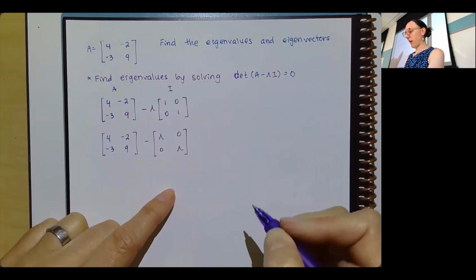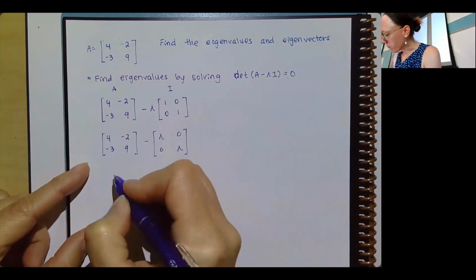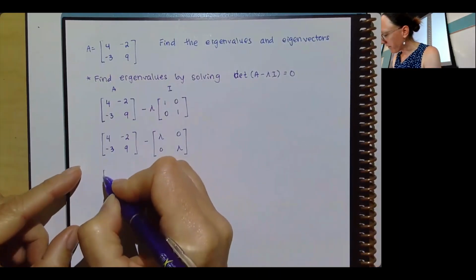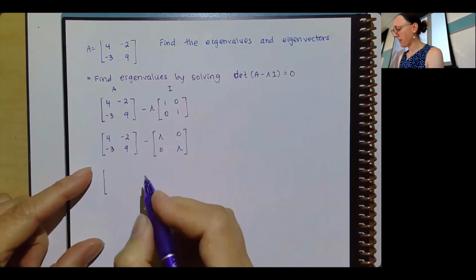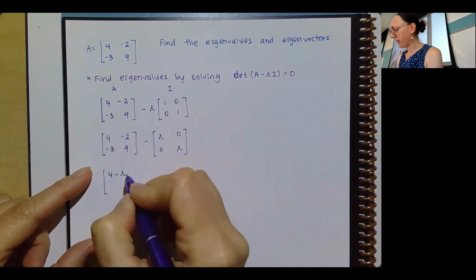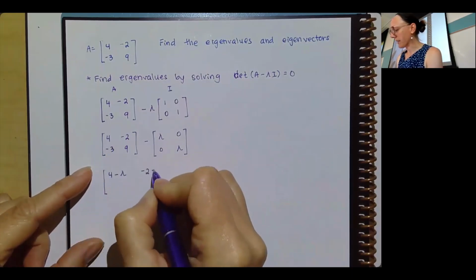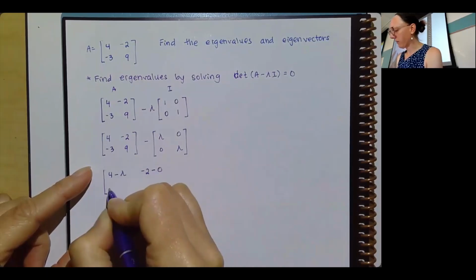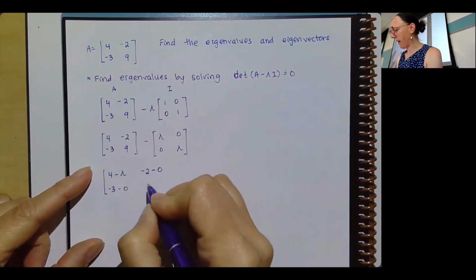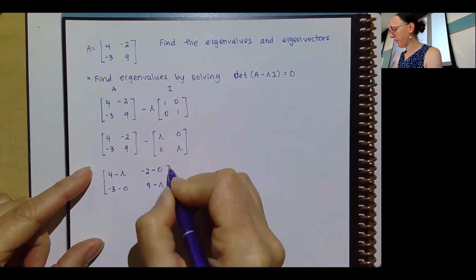And when I do that subtraction, we subtract keeping everything in its same spot. So I have 4 minus lambda, -2 minus 0, -3 minus 0, and 9 minus lambda.